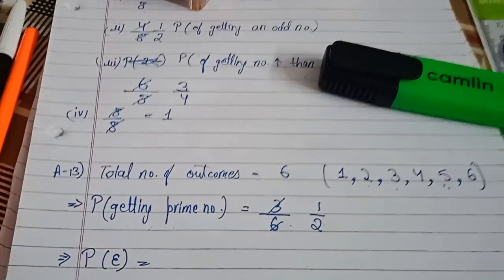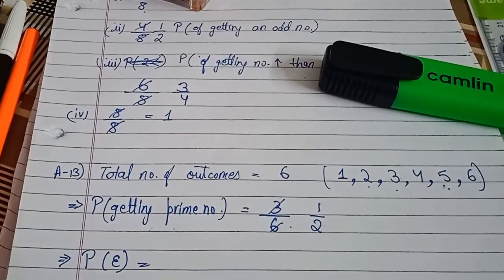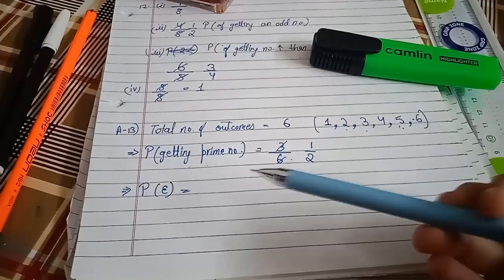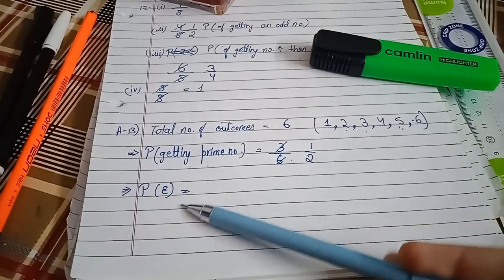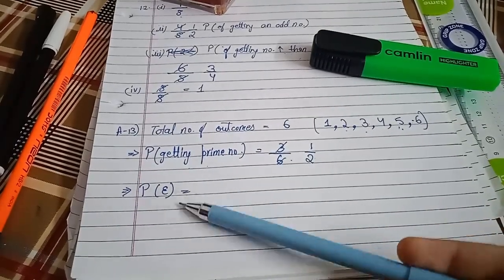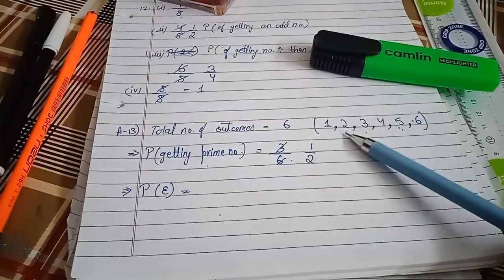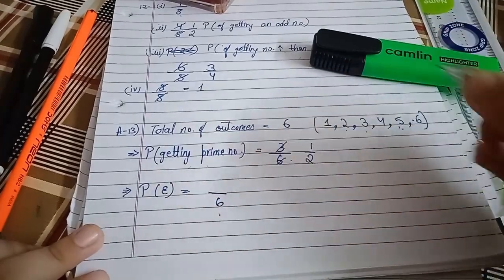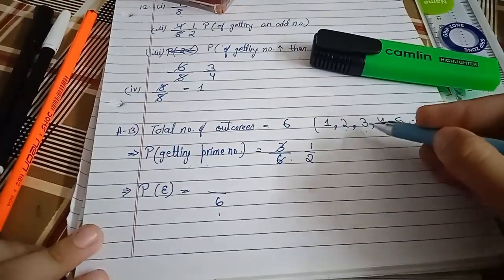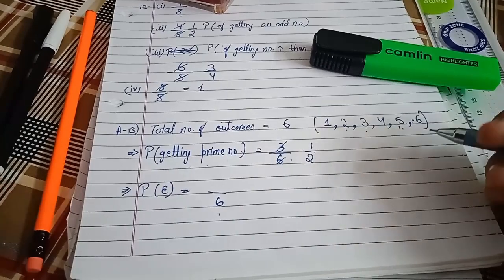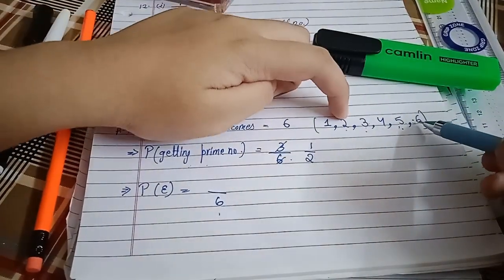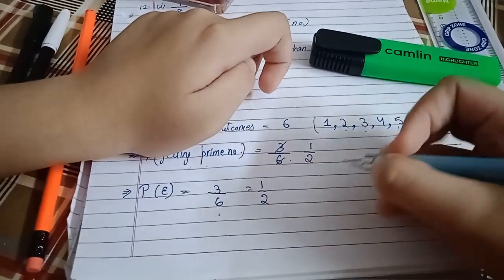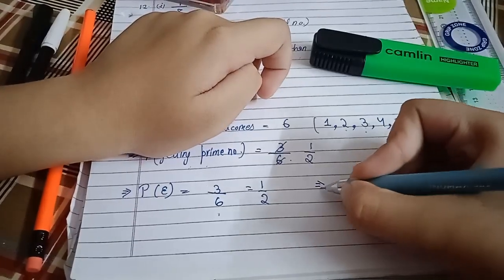There are 3 numbers lying between 2 and 6. The probability of getting a number lying between 2 and 6: the total number of outcomes is again 6, and there are 3 favorable outcomes. 3, 4 or 5 will come. These are the numbers lying between 2 and 6. So 3 by 6 will again be 1 upon 2.